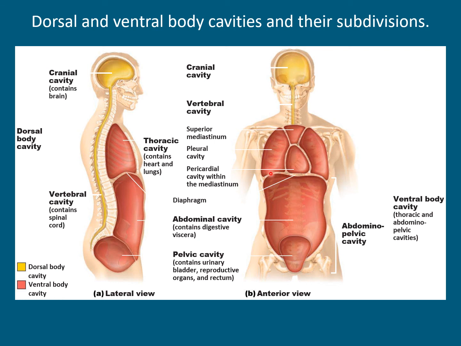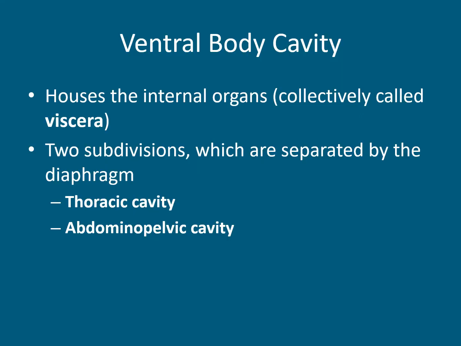From this viewpoint, you can see right here, and that is what separates the thoracic cavity from the abdominal pelvic cavity. So the ventral body cavity does contain a lot of your internal organs. Internal organs are often referred to as your viscera. I know we like to add more vocabulary to confuse you. And like I said, there are those two main subdivisions.